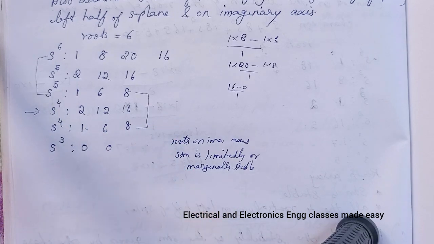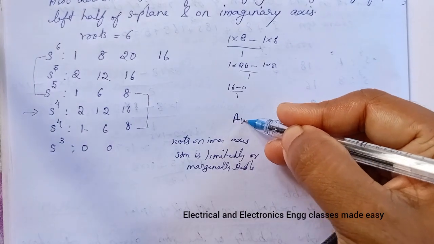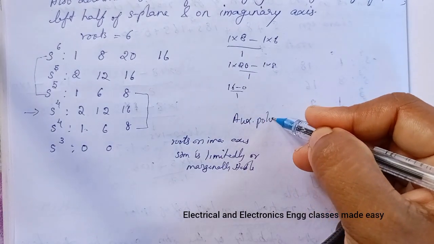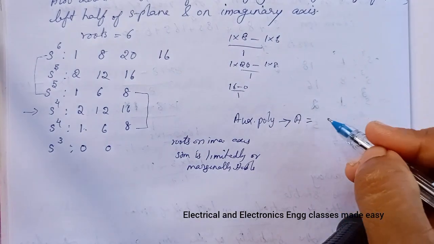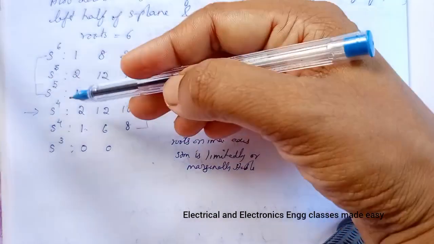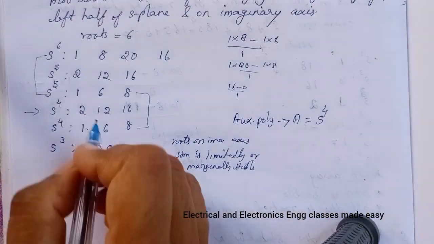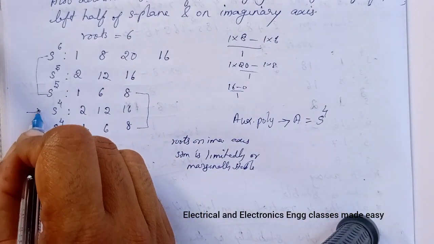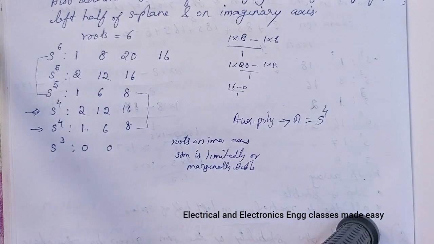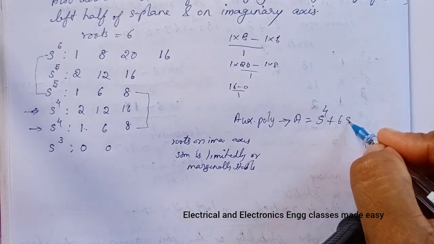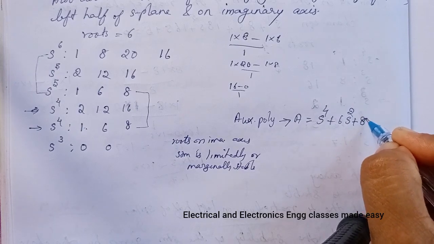So auxiliary polynomial A is equal to s raised to 4 plus 6s square plus 8.